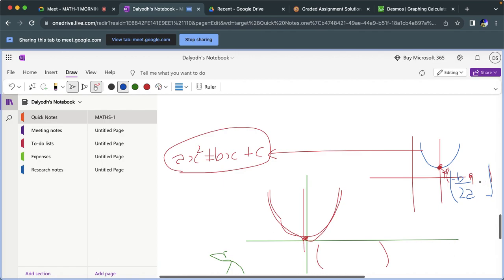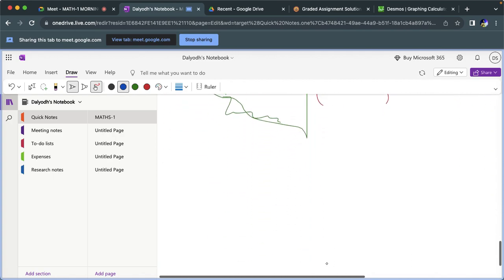This vertex point is either a maxima or a minima, because it lies on either the upper side or the lower side. Let me tell you the other properties.